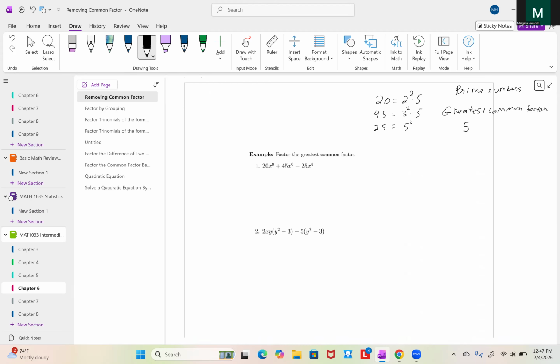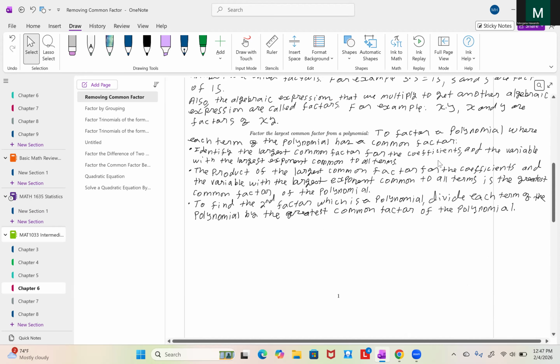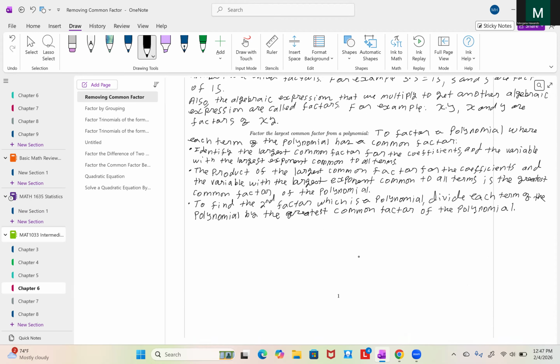Now we pull 5 out. We need to also find the greatest common factor for the variables. The variables, the base is just x. Let's look at the wording here. We said the largest common factor for the coefficients, which we found, and the variable with the largest exponent common to all terms.